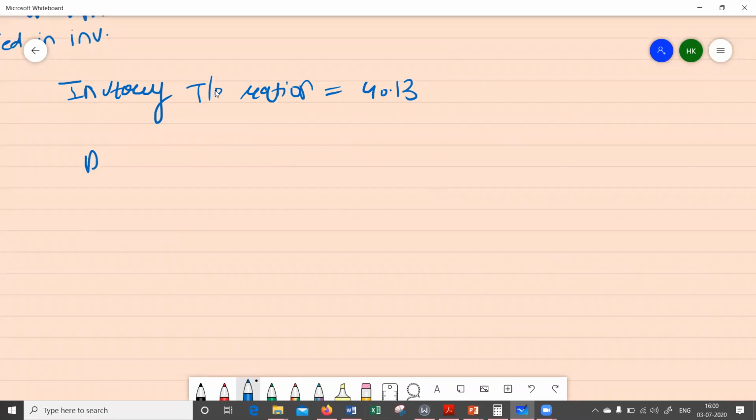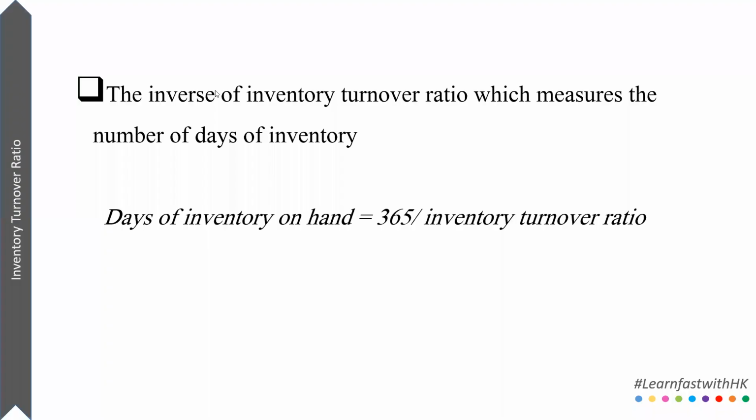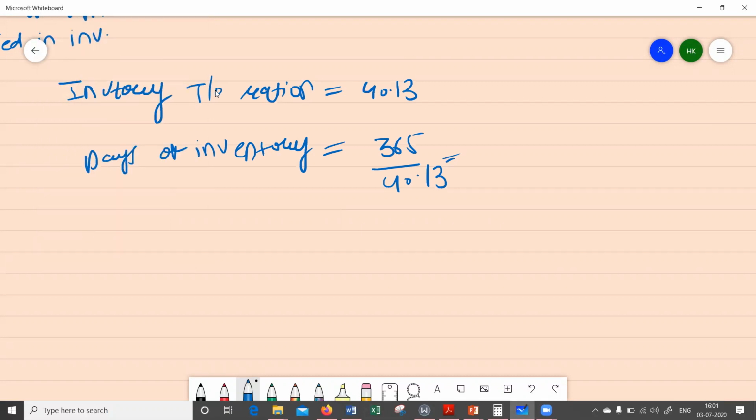And if we want to find out the days of inventory, that will be 365 divided by 40.13, or let me just quickly calculate it on the calculator. 9.095. So I'm going to take 9.1, and this comes in days.